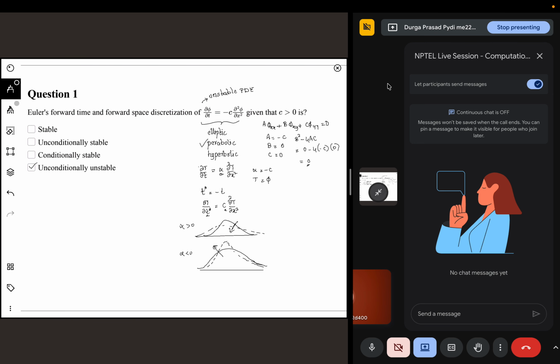So what happens sometimes, let's say in this particular problem, instead of forward space, since c is greater than 0, let's say I were to use the upwind scheme. What do you think will happen then?